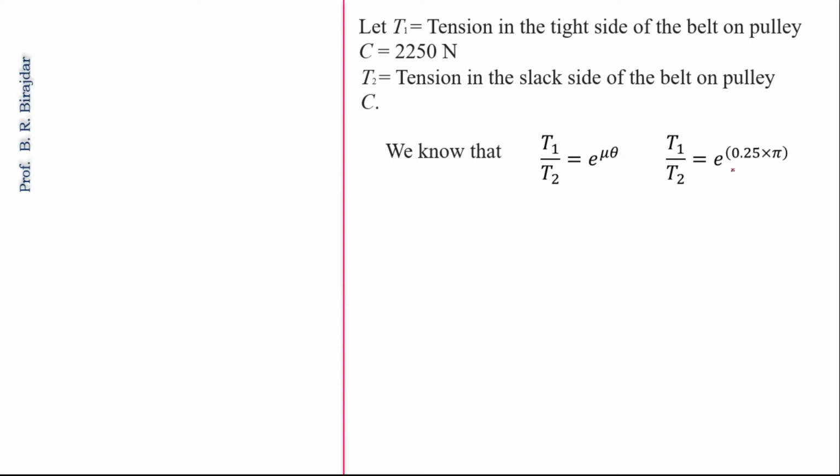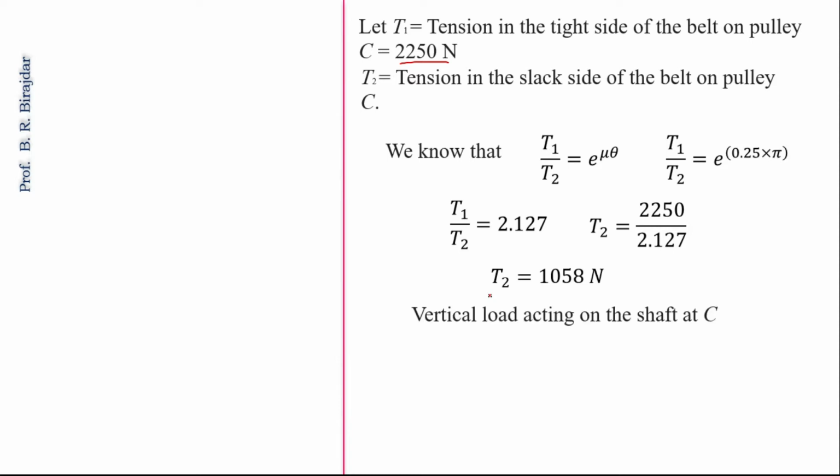Now we will put in the value of the coefficient of friction and the angle of contact, 180 degree, and we get the ratio of the tension on tight side and slack side as 2.127. Again here they have given tension on the tight side as 2250, that we will put here. Therefore we will get T2, the tension on slack side, as 1058.